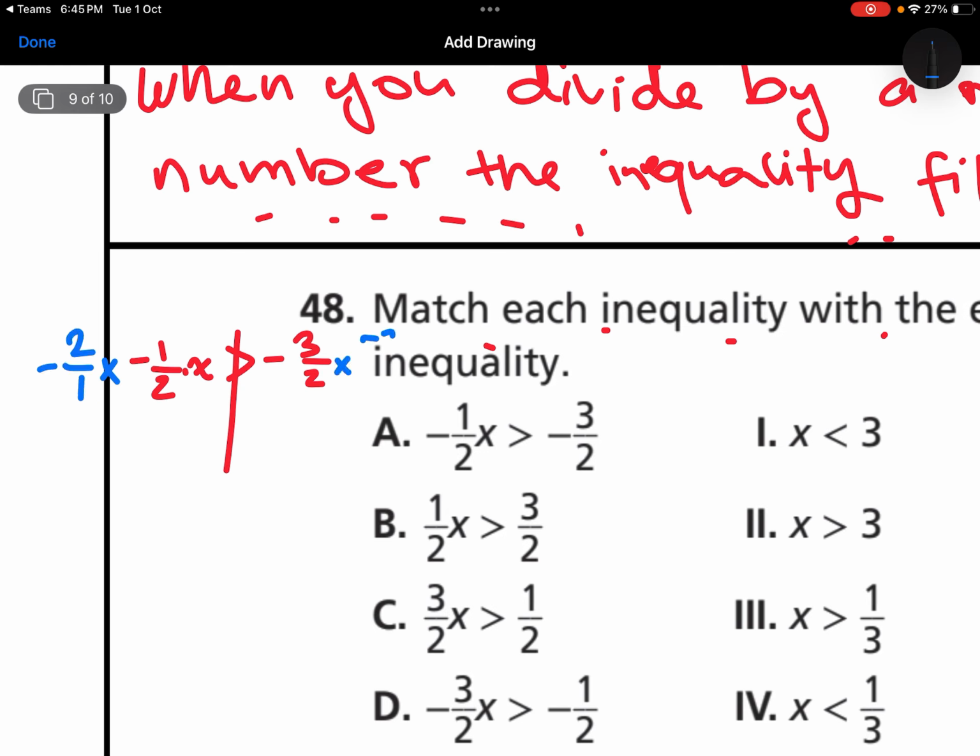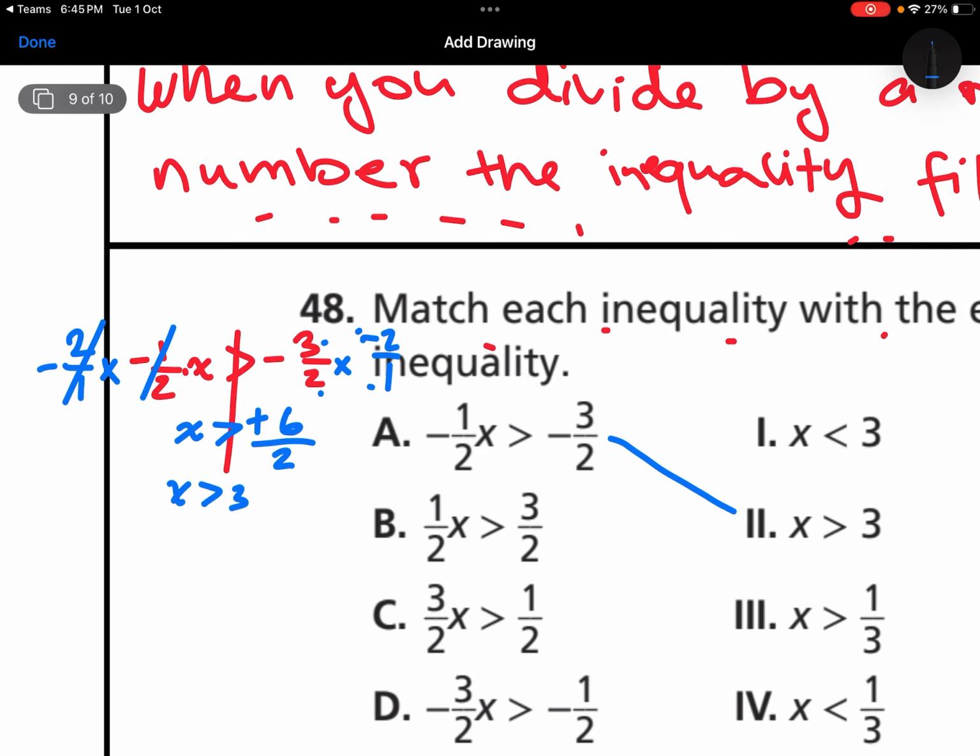Multiply by -2 over 1. This will cancel it. Yes, it's easier. 3 times 2 is 6. Negative times negative is positive. Over 2 times 1, it's 2. Which is what? X is more than 6 divided by 2, which is 3. So basically this should be this one.